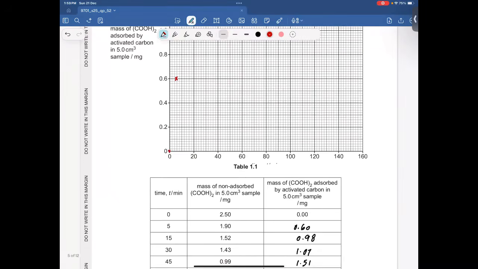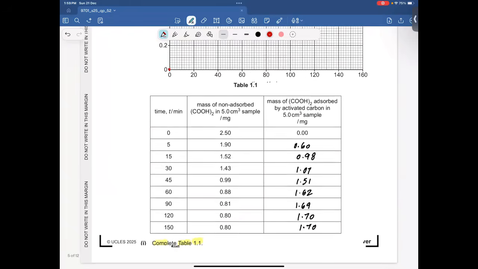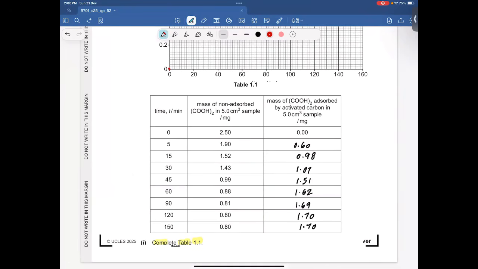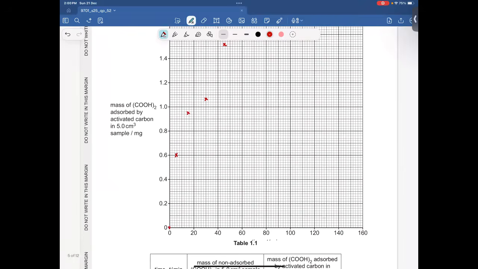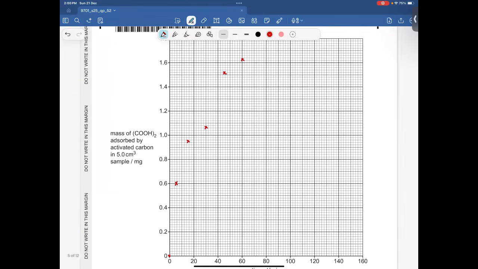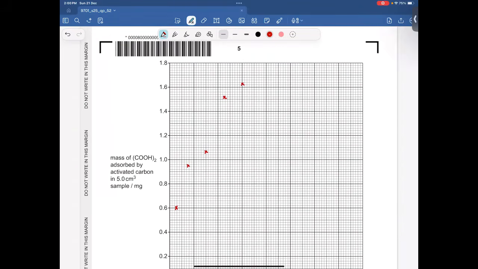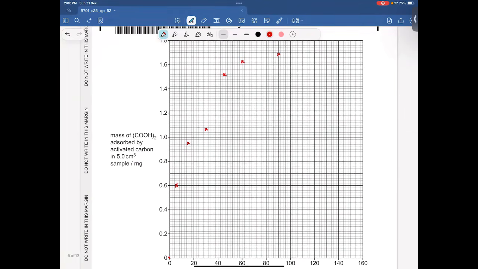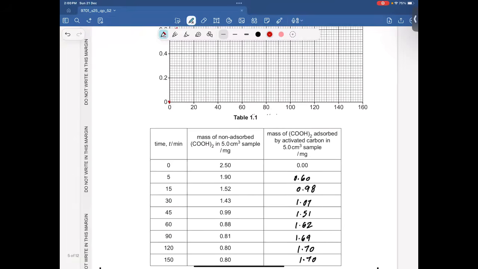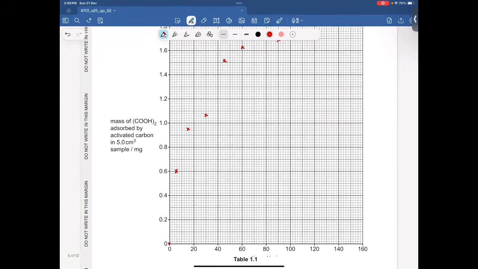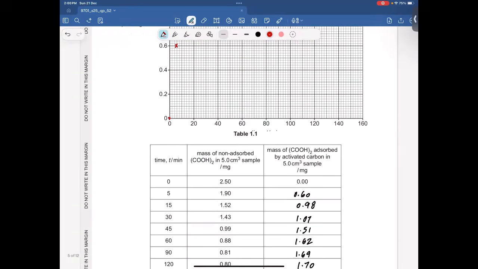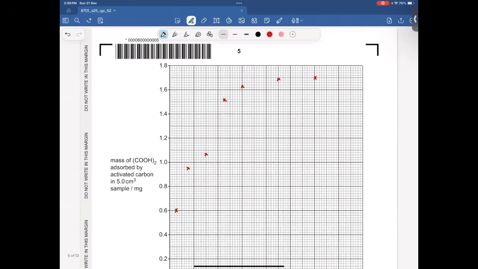Then we have 90, 1.69. Then 120, 1.70. Then we have 150, 1.7 again.